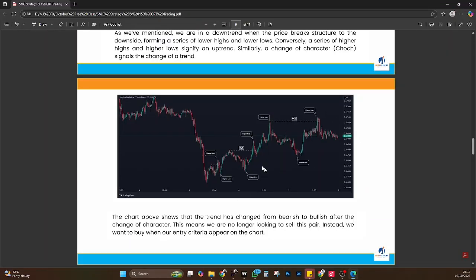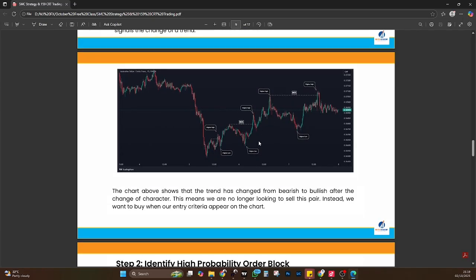If you look at my chart here, you can see that we were in a downtrend until this happened. The market took the last swing high, so we changed from a downtrend to an uptrend.